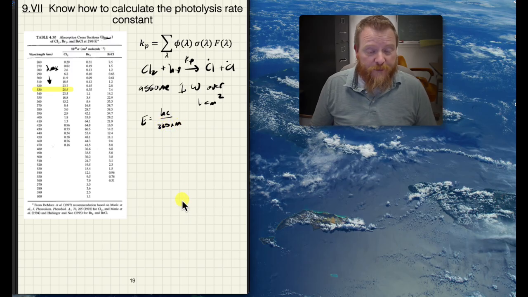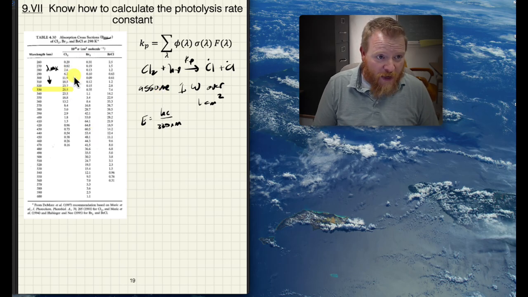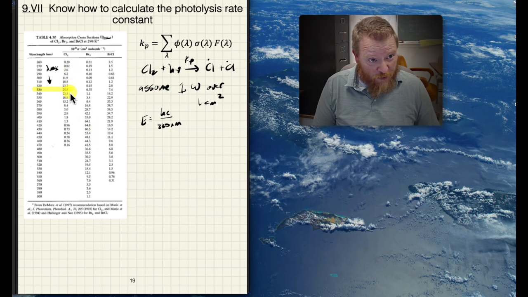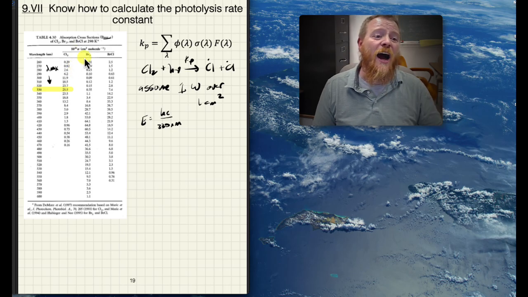Beautiful. And then we would plug in that cross section. What I want to point out here is that this says it's 25.5 times 10 to the 20 sigma. The way this table works, oftentimes it's scaling up that number so that we don't have to use the small numbers here.